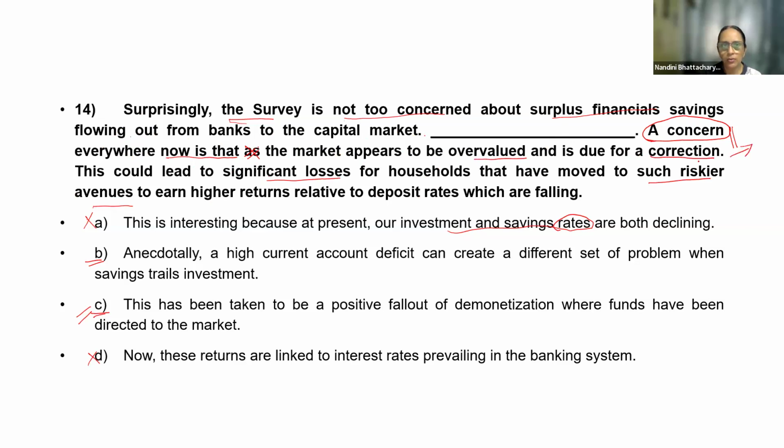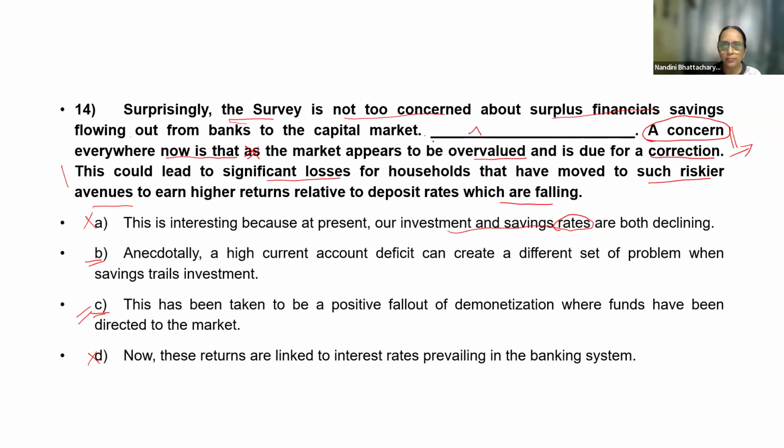Overvalued market is always due for correction. Now, what is the result? This could lead to significant losses for households that have moved to such avenues for higher returns relative to the deposit rates, which are falling. So if there is a correction, the deposit rates are falling.